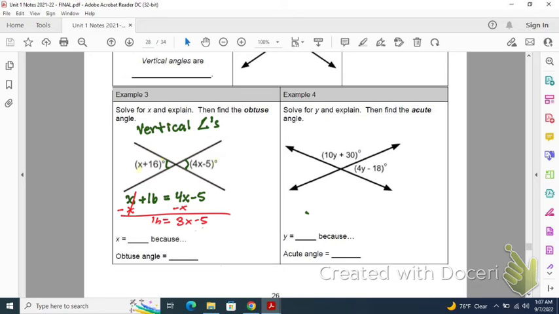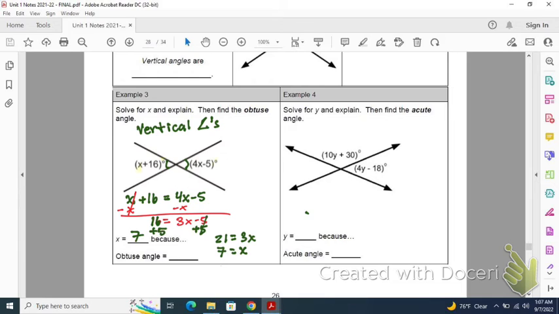So you want to get rid of that 5, not the 16. So you're going to add 5 to both sides to end up with 21 is equal to 3x. And then you end up with x is equal to 7 after you divide by 3. So x equals 7.